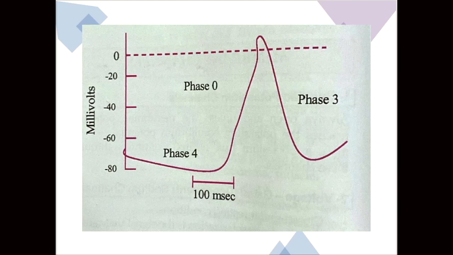The sinoatrial cells generate these regular impulses because they are electrically unstable. This instability leads them to discharge or depolarize regularly, usually between 60 and 80 times a minute.